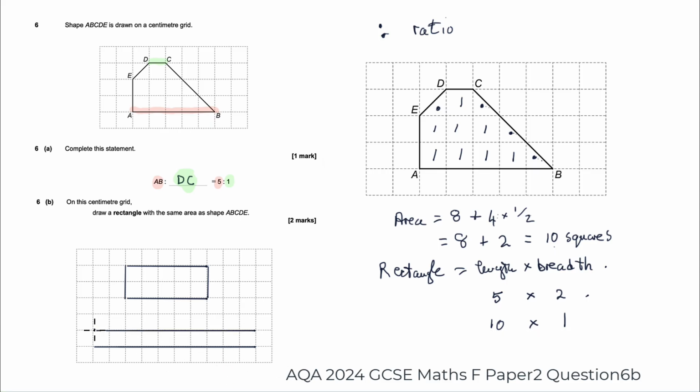And then breadths of 1. So there we go. There's a 5 by 2, which is 10, or there's a 10 by 1, if you like. So 5 by 2 or 10 by 1. Either of these shapes would work.